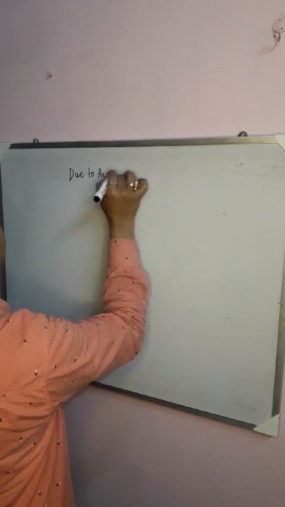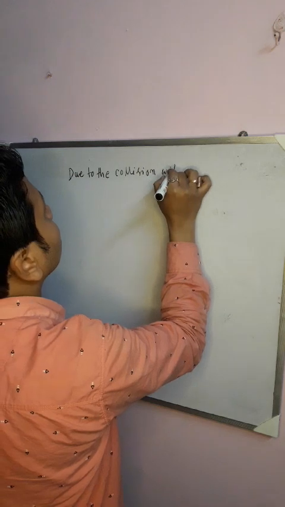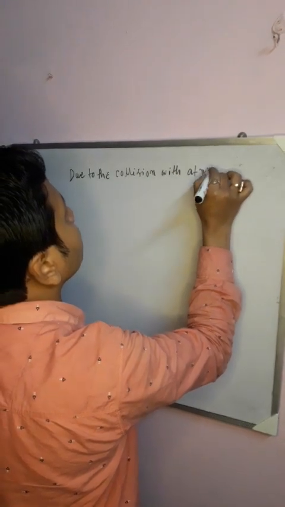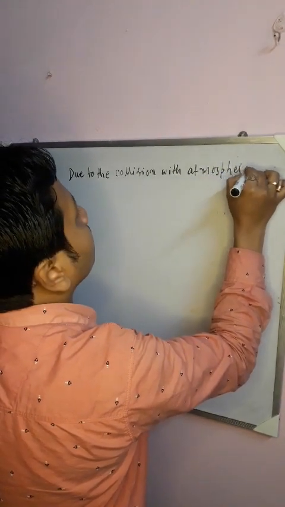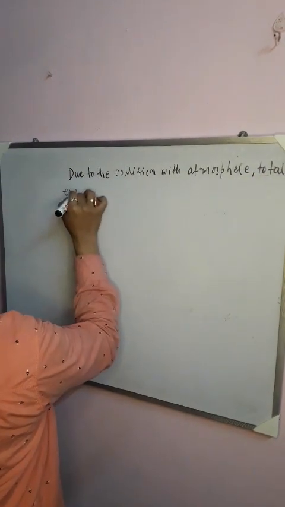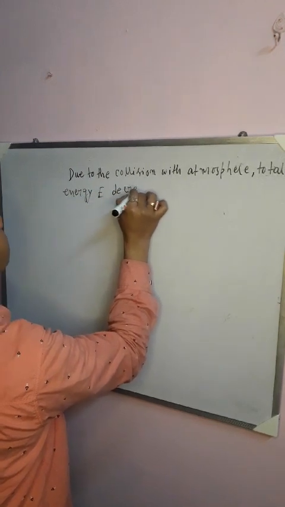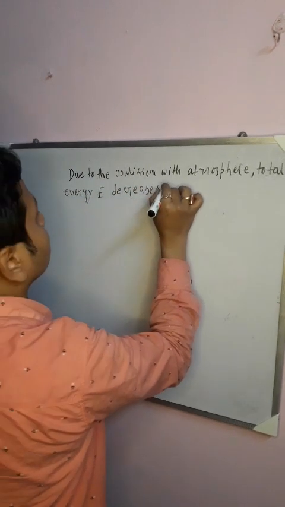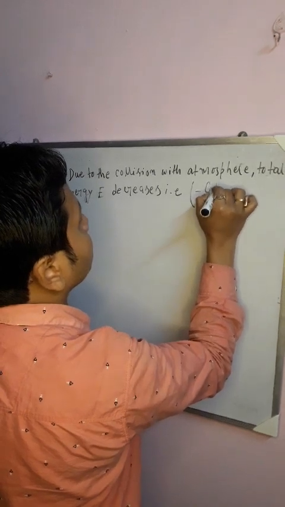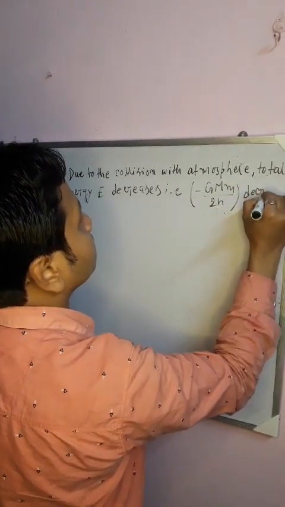Due to the collision with the atmosphere, the total energy E decreases, that is, minus GMm by 2r decreases.